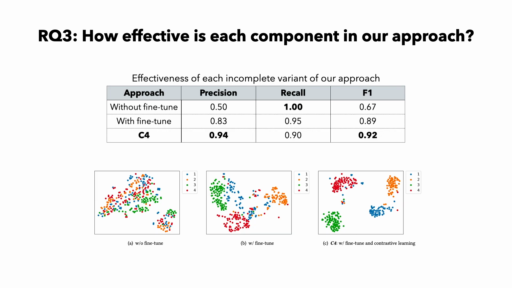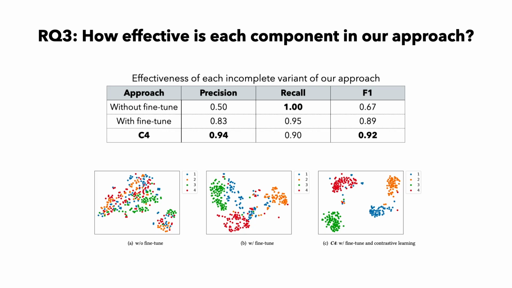We investigate the impact of variants on the performance of our approach. We compare our approach with two of its incomplete variants. The first is CodeBERT without fine-tune: we directly use the pre-trained CodeBERT to detect cross-language clone pairs without fine-tuning and contrastive learning. The second is CodeBERT with fine-tune: we fine-tune CodeBERT without contrastive learning.